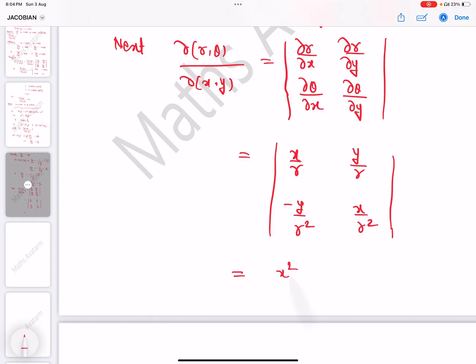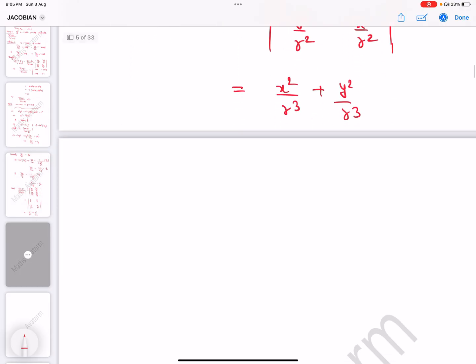So what we got? x square upon r cube plus y square upon r cube. Now what is this? x square plus y square upon r cube. The numerator is r square and the denominator is r cube, so we get 1 upon r.